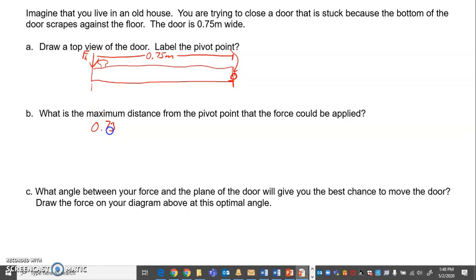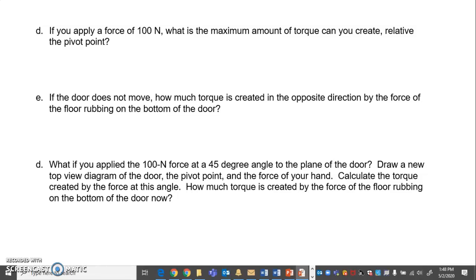Okay, 0.75 meters. What angle between your force and the plane of the door will give you the best chance to move the door? Well, as it was drawn right there, 90 degrees. That's the best angle. If you apply a force of 100 newtons, what is the maximum amount of torque you can create relative to the pivot point? Well, torque is equal to Fr sine theta.